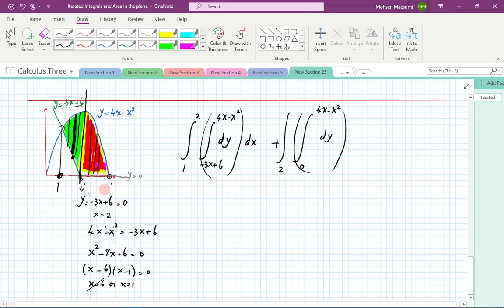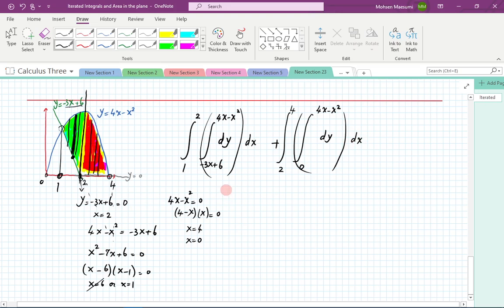Ending location, well, what's the ending location here? 4x minus x squared, we set that equal to 0. 4 minus x times x equal to 0. So either x is equal to 4 or x equal to 0. X equal to 0 is the start of this parabola here, and 4 is where it ends. So our right piece goes from 2 to 4, and each of these heights has to be multiplied by dx to get the area.